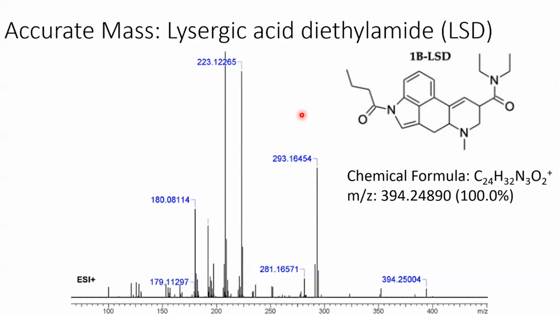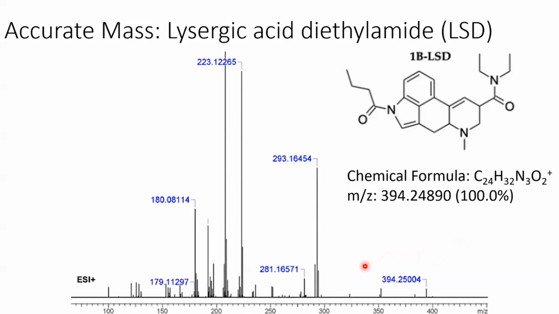So moving on to accurate mass or high resolution mass spectrometry, here you can see the number of decimal points that we have to play with at the end of our fragmentation ions has increased greatly. So we've gone from 2 decimal places up to 5 decimal places.